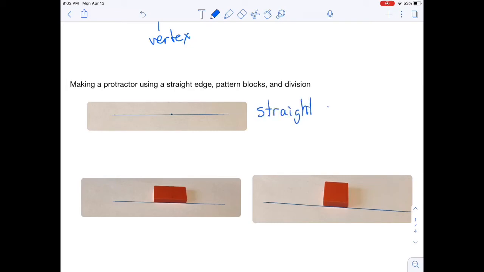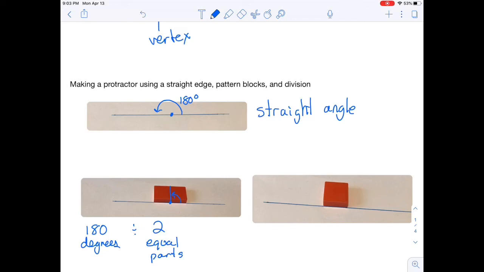So here, this is our straight angle. I just traced a file folder and then put a dot in the middle, and that's going to be a rotation of 180 degrees. Now you can't see my point very well, but I put 2 of the square pattern blocks on. So what I've done here is I've taken my 180 degrees and I've divided it into 2 equal parts.